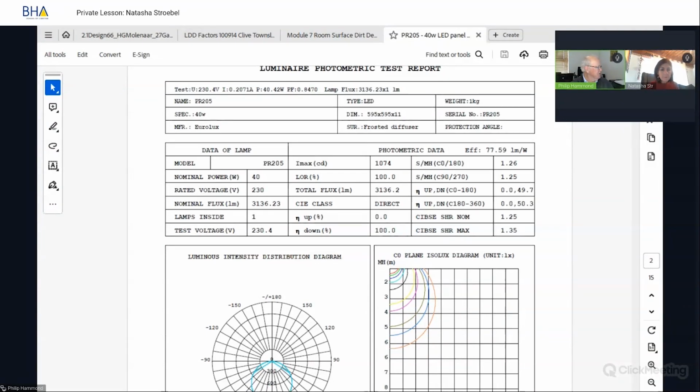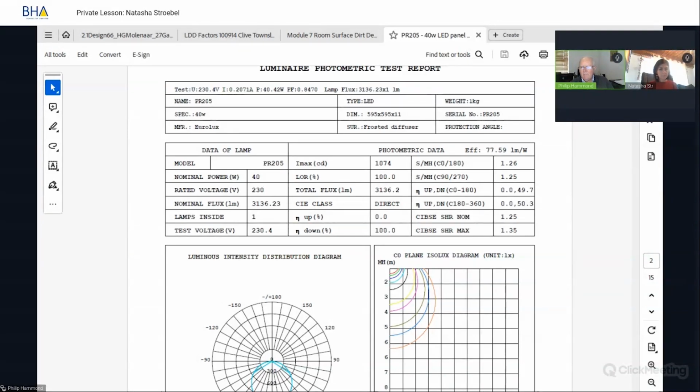On the second page, you will see it will tell you what it is, what the weight is, what kind of diffuser it has, etc. But more importantly, it will tell you it's a 40 watt, it runs on 230 volts, alternating current. The nominal flux, in other words, lumens that it produces, is 3,136.